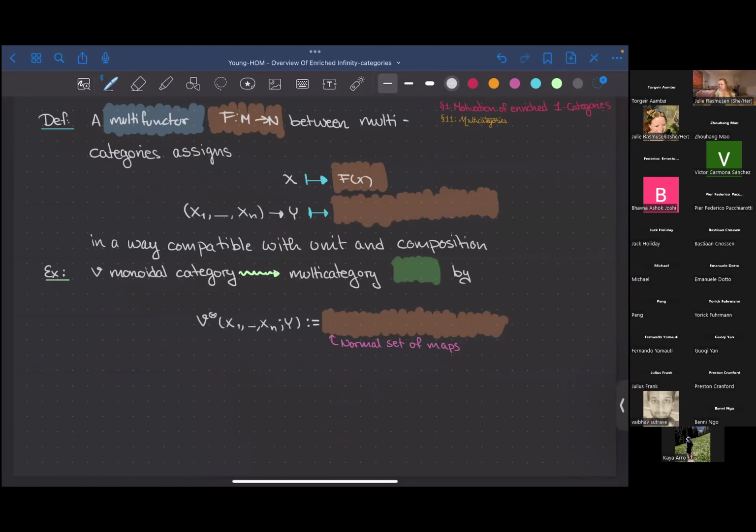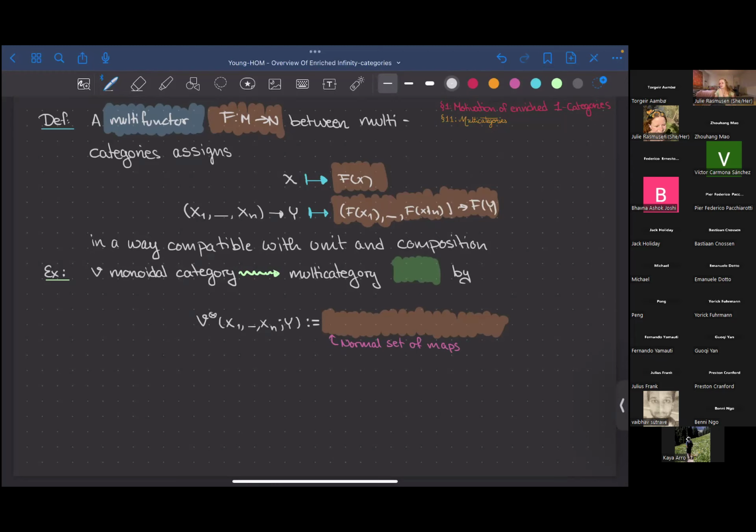And if we have a morphism, it applies f to each entry in the string in the source, so it goes to f(x1), up to f(xn), into f(y), in a way that's compatible with unit and composition.